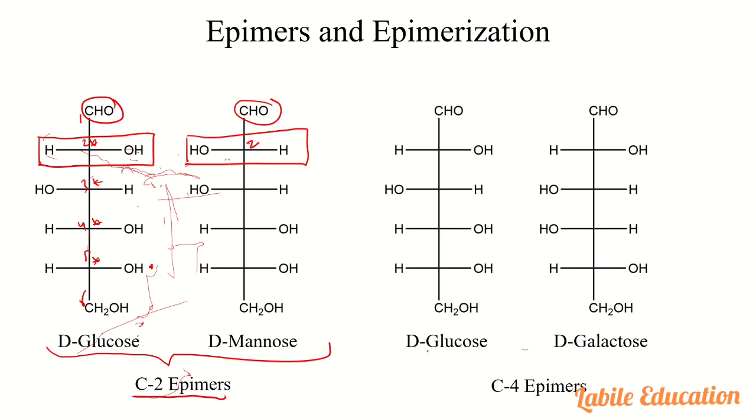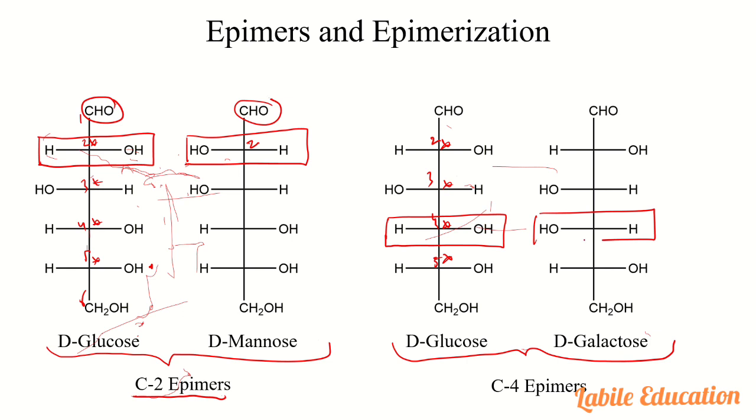Similarly, we can compare D-glucose and D-galactose. Here you can see the configuration. This is the first chiral center, second, third, and fourth: 2, 3, 4, and this is 5. So here you can see that these two differ only about this chiral center, and this is C4.